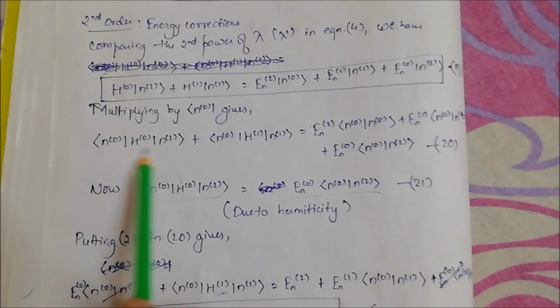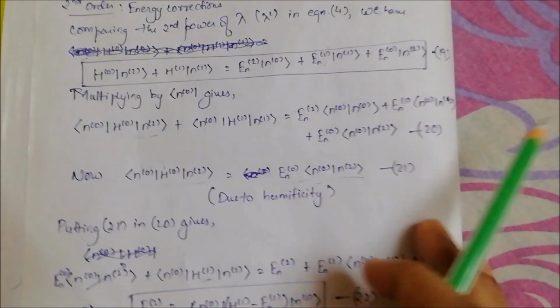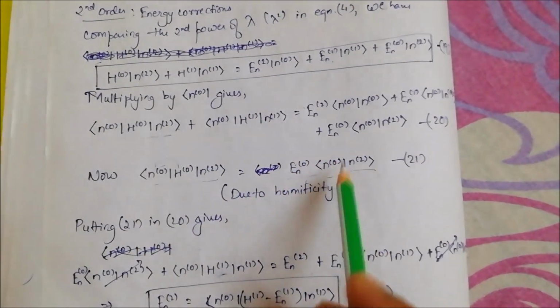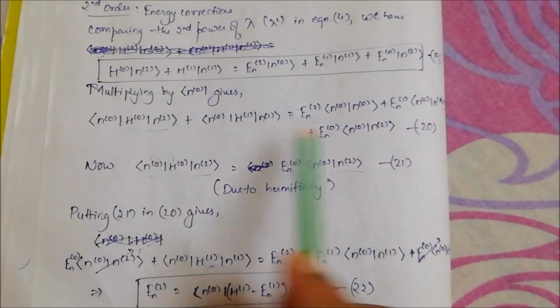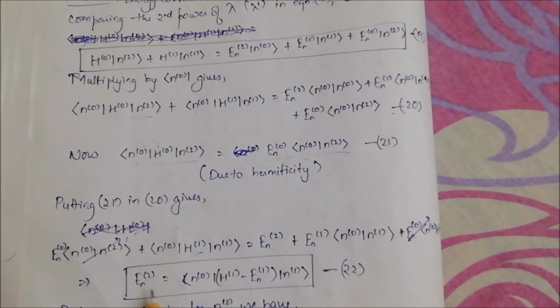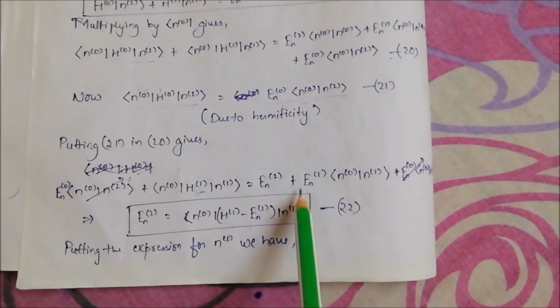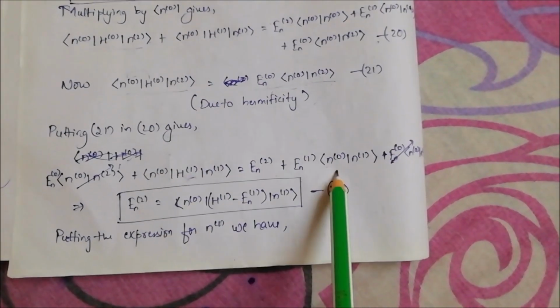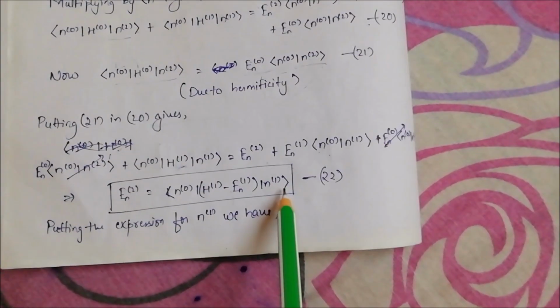Now I can replace n0 H0 n2 by En0 n0 n2, which gives this. So from both sides I can cancel these two expressions, leaving me with En2 equal to, just rearranging this one, n0 H1 n1 minus En1 n1.